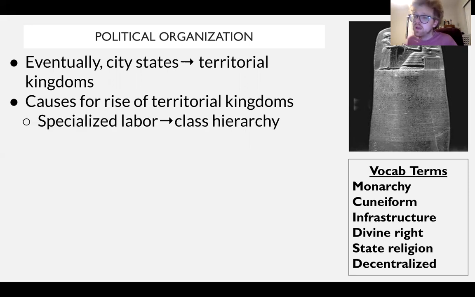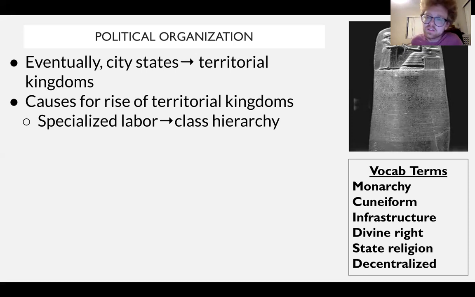For one thing, we're going to have the idea of class hierarchy coming very naturally as a result of specialized labor. You have different professions. Therefore, you're going to have some people saying, hey, I have a more important position in society than you. I should be in charge of society. But multiple people probably shouldn't be in charge. Let's just make one person the king of everything.